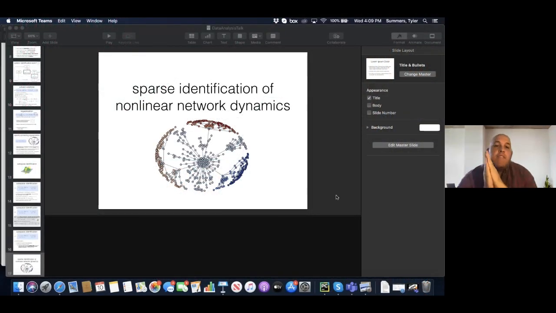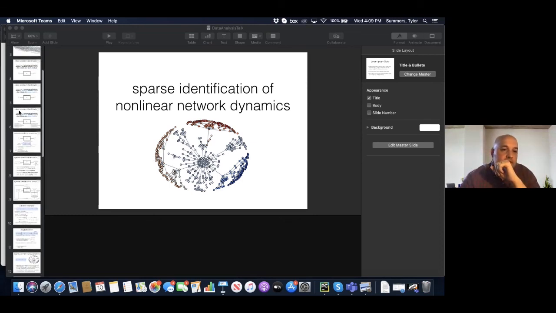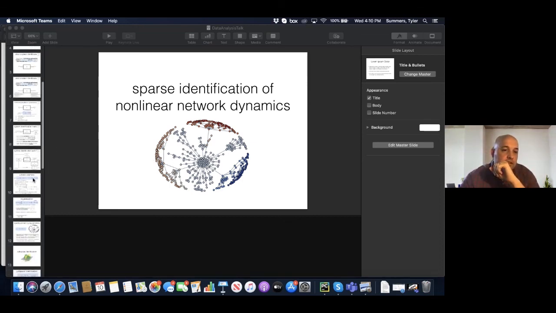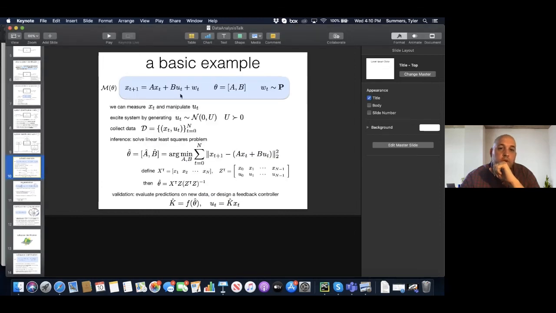So once you have the model, let me go back to the simple example that I went over. Once you've identified these parameters, these matrices A and B, you can now do a simulation of the system that predicts what's going to happen to the state over time, given some input trajectory.